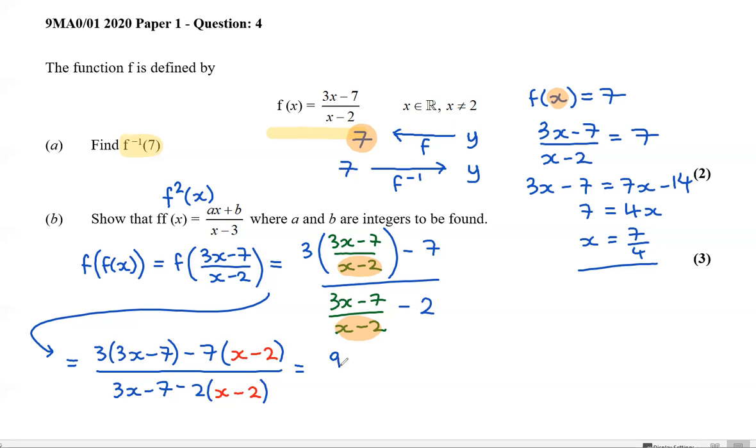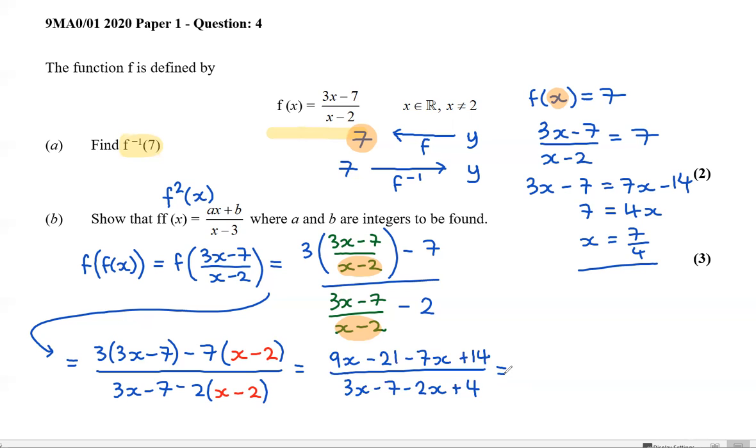So we're going to have 9x subtract 21, subtract 7x plus 14 over 3x subtract 7, and then subtract 2x, watch out for your negatives, plus 4.